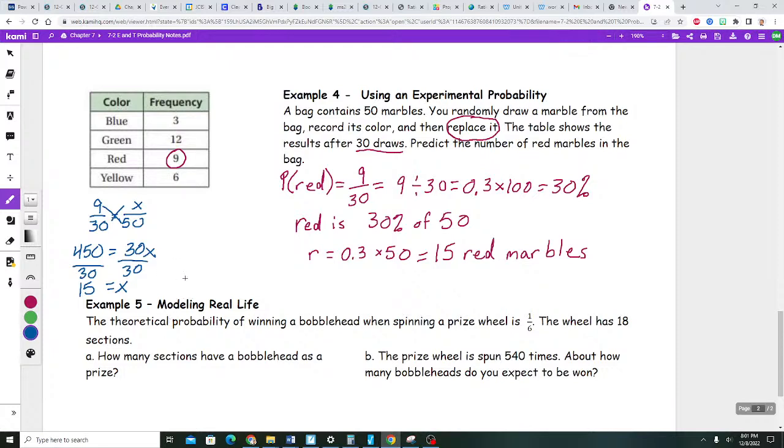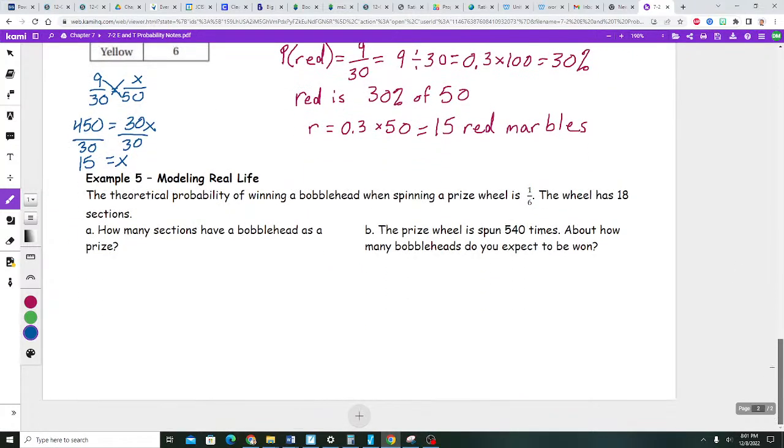So, last one: the theoretical probability of winning a bobblehead when spinning a prize wheel is 1/6. The wheel has 18 sections. So how many sections have a bobblehead as a prize? We know that 1/6 of 18 are these bobbleheads.